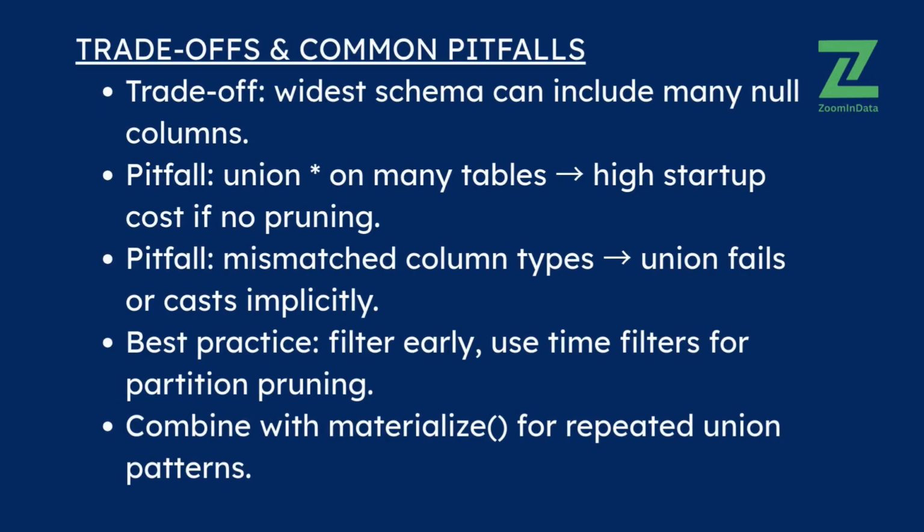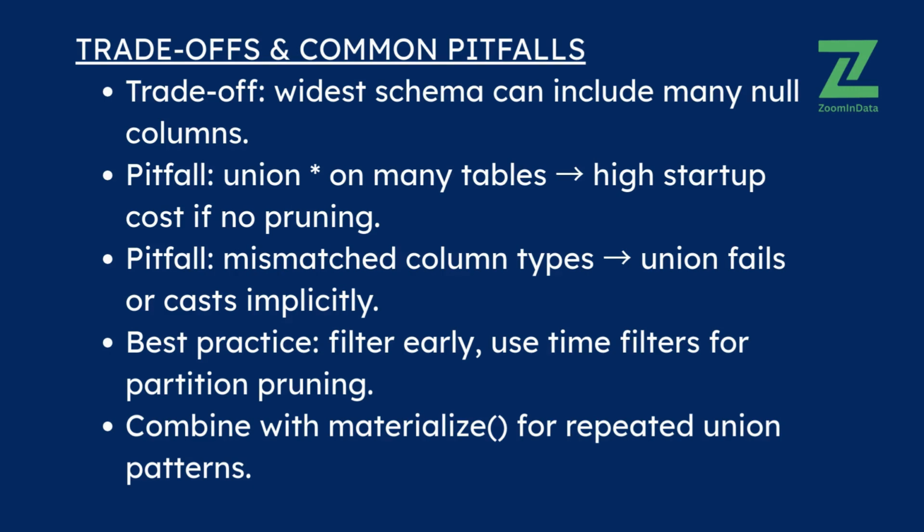Here are the trade-offs and pitfalls. Widest schema means output can have many null columns, harmless but can confuse downstream consumers. Pitfall 1. Union * on hundreds of tables without good pruning leads to high startup cost scanning metadata. Pitfall 2.